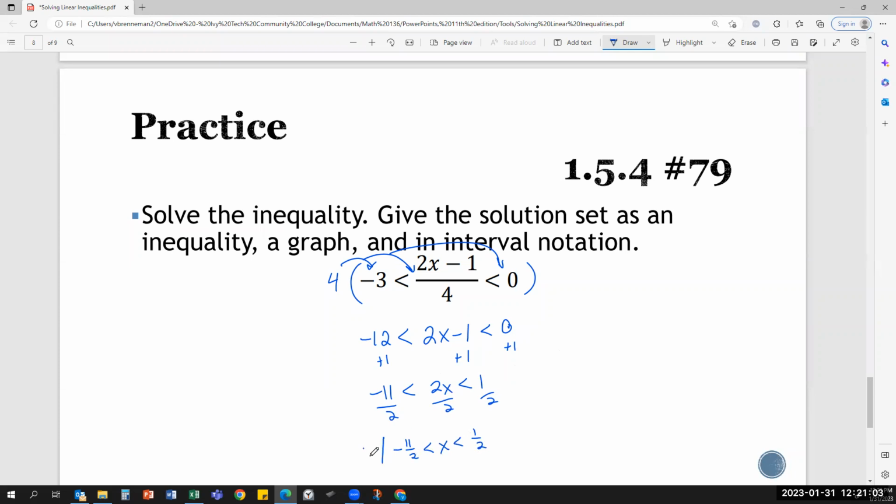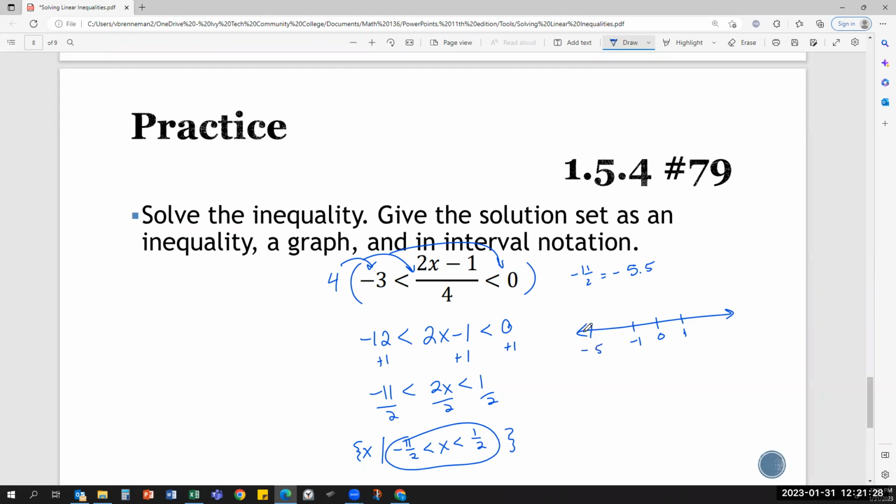You probably leave it in fraction form. But when you're graphing, then it might be helpful for you to note that -11 halves is -5.5, so that you can fit that at the right point. So we have like 0, 1, and then the other direction, -1, and it didn't leave enough room.